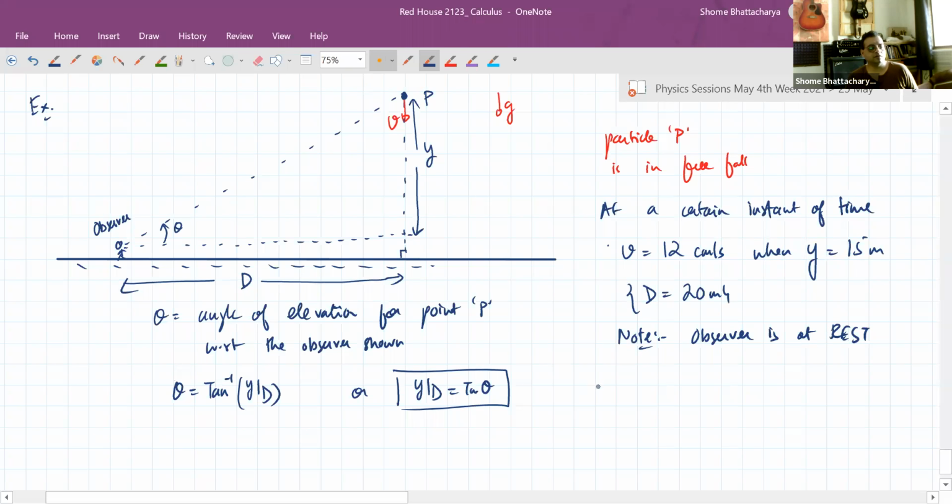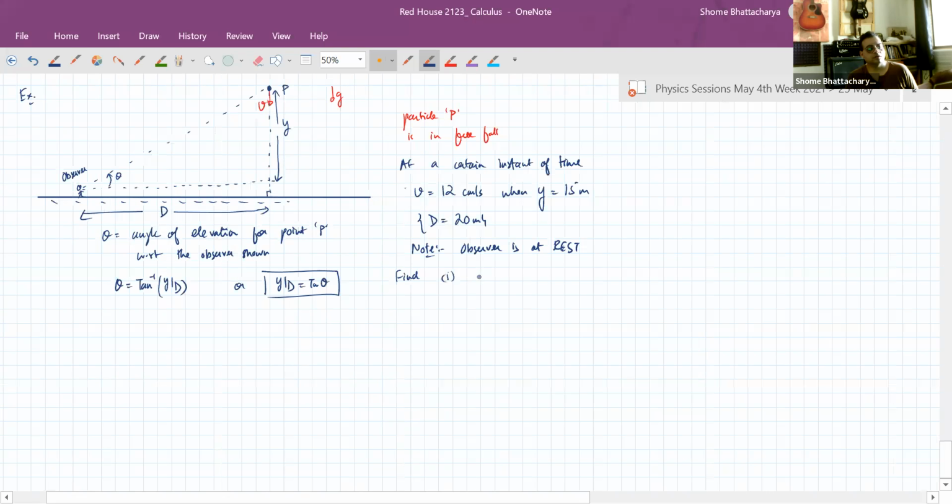So we want to find two things here. One is the rate of change of the angle of elevation. That is, we want to find d theta by dt.